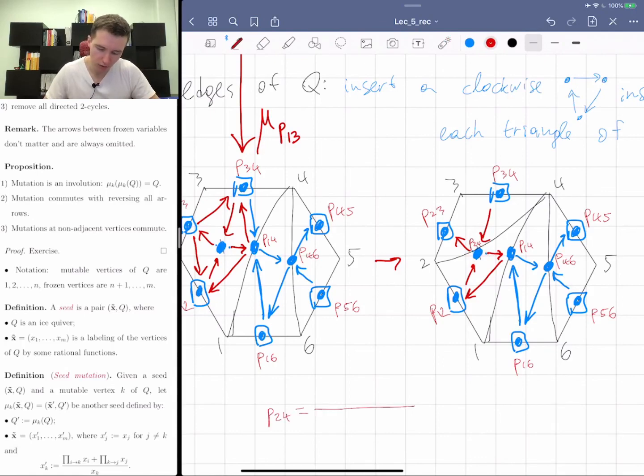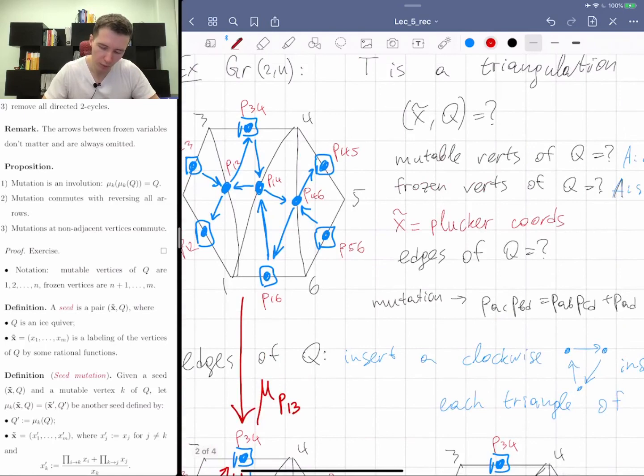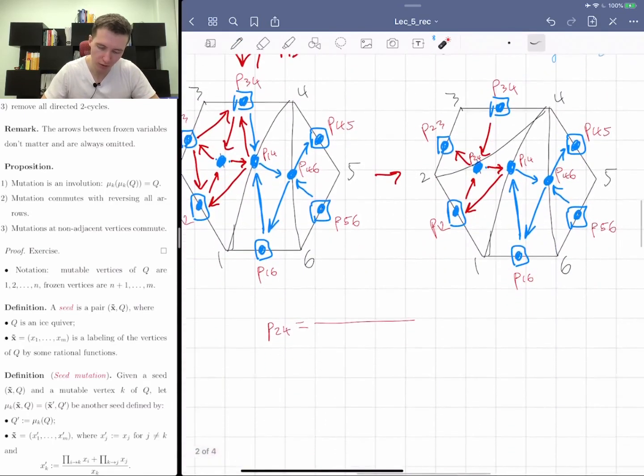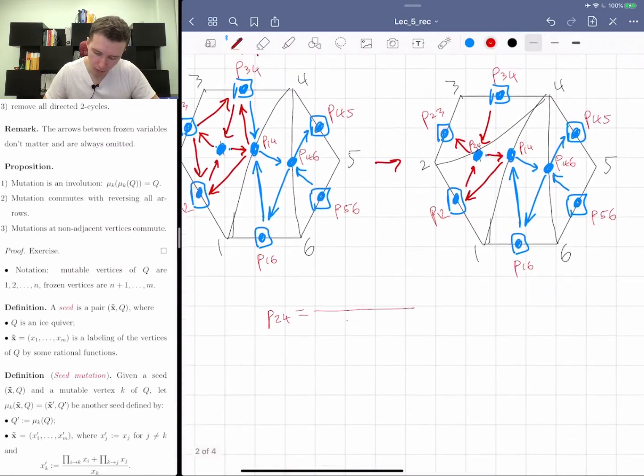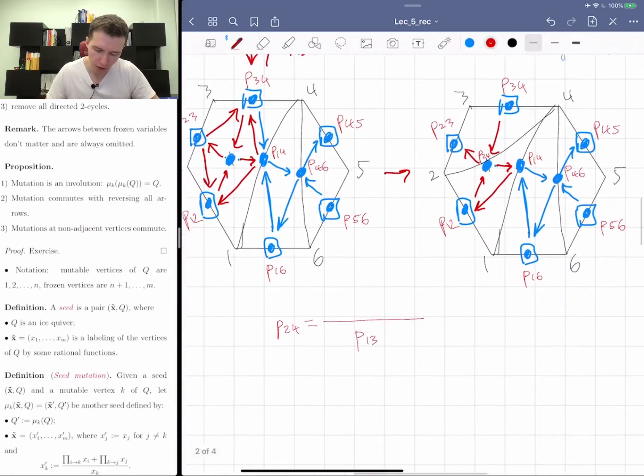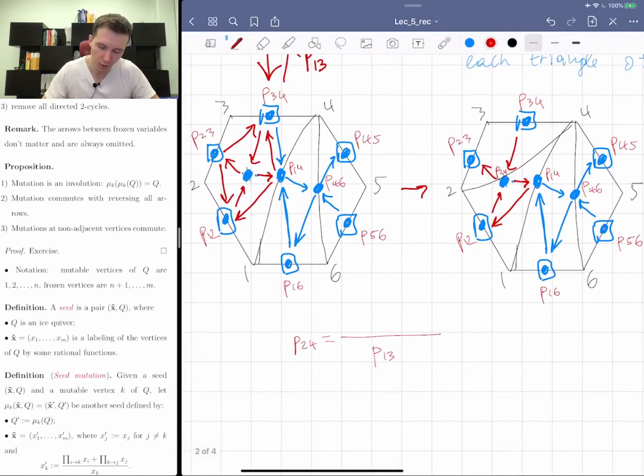Originally I had p13 here, so I'm going to put that in the denominator, p13, and then the incoming arrows were p23 and p14, so that's one product, p14 times p23, and the other product is p34 times p12.